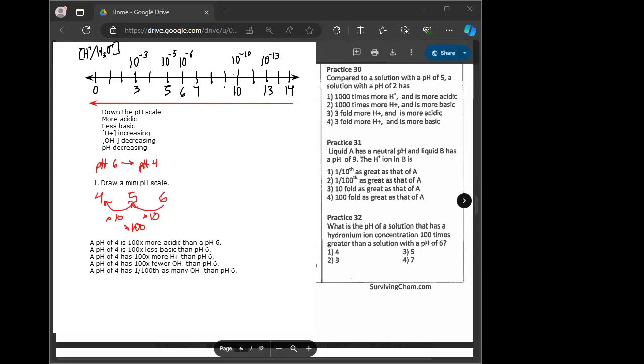Those two things mean the same thing. Even 100 times less would mean the same thing. So we could also say that a pH of 4 is 1/100th as basic as pH 6.